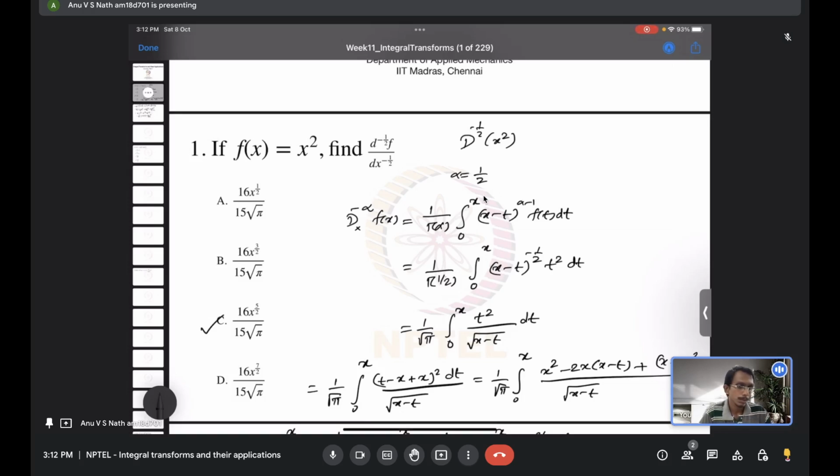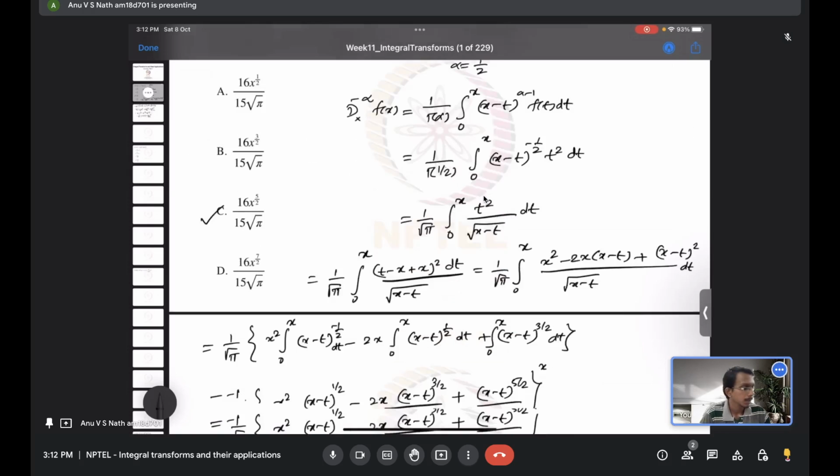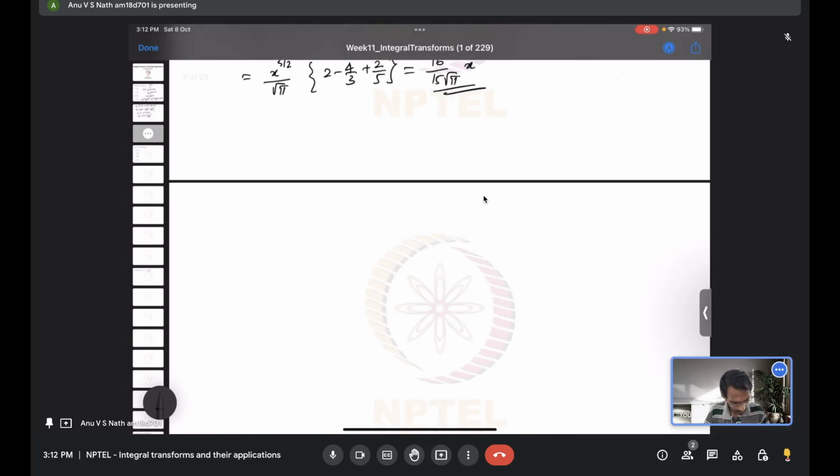But the formula we have used for polynomials will work only for derivatives. For integrals there is another expression. Let me show that expression. Right now I couldn't find that. I will get back to you with that expression.